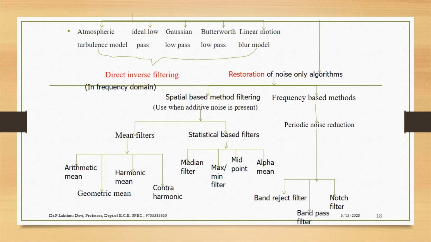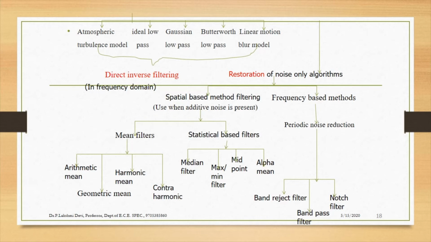These are the two different types we have. Whenever noise is present in the images, how can we make use of spatial based method filtering? Under spatial based method filtering, we have mean filters and statistical based filters.